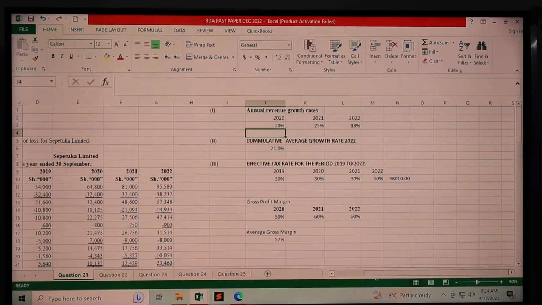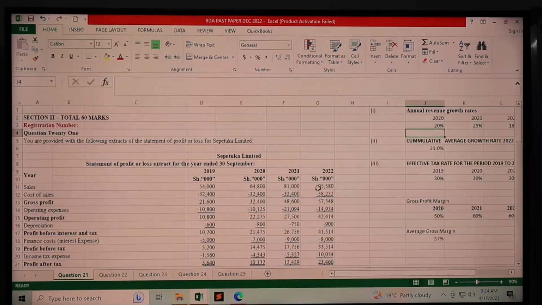Note that in our data the revenue did not decrease in 2021 or 2022. You can actually see that it is growing throughout, but the rate of growth between 2020 and 2021 was higher than the rate of growth between 2021 and 2022.